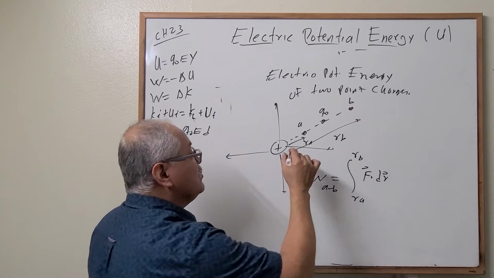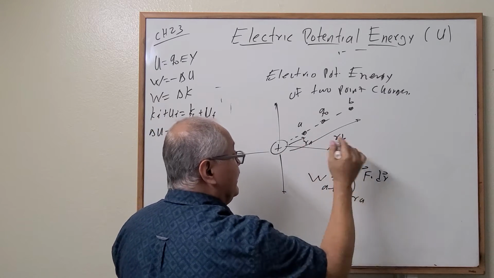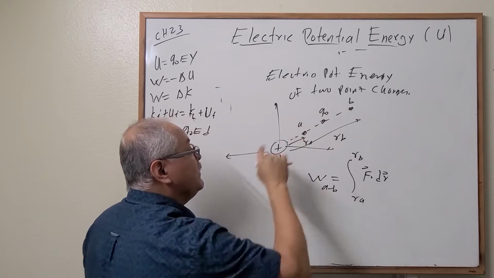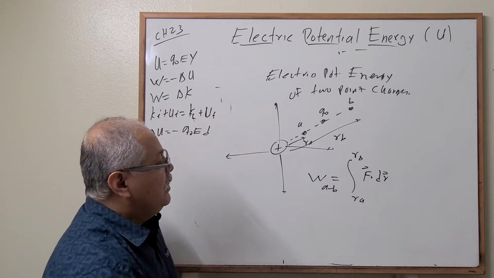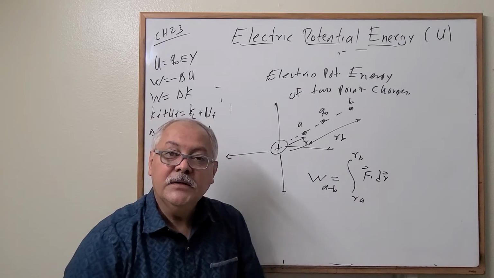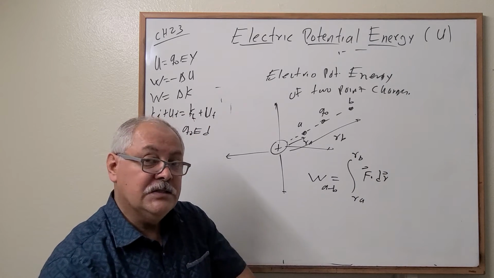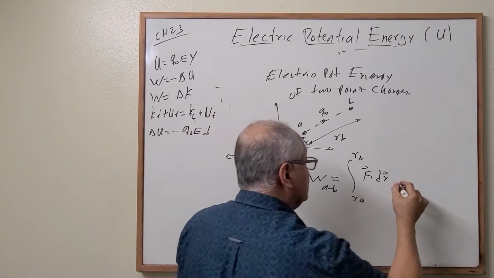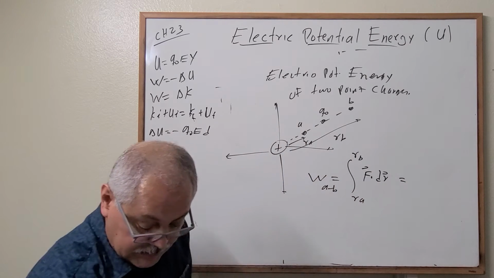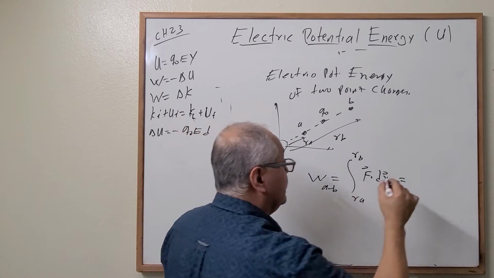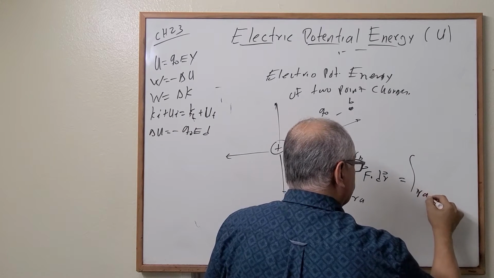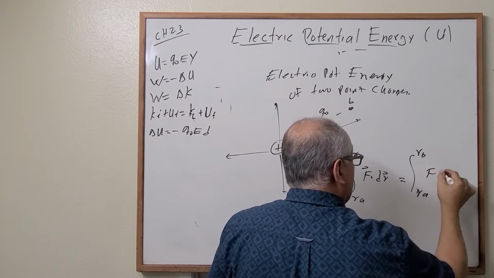And because the force is parallel to the direction of the radial vector, the angle is 0, so cosine 0 is 1. Then this is just equal to the integral from R sub A to R sub B of F dr.